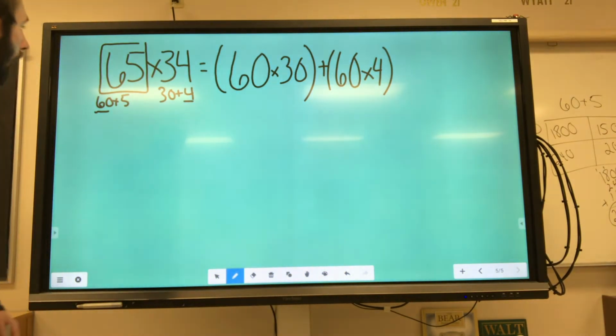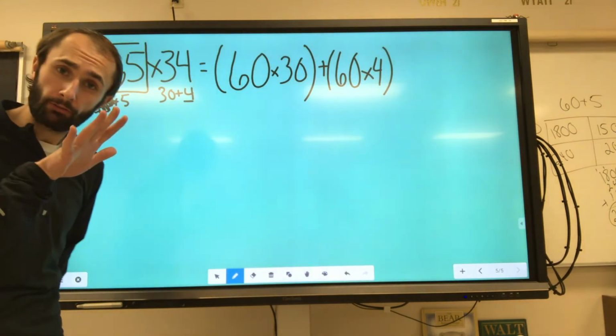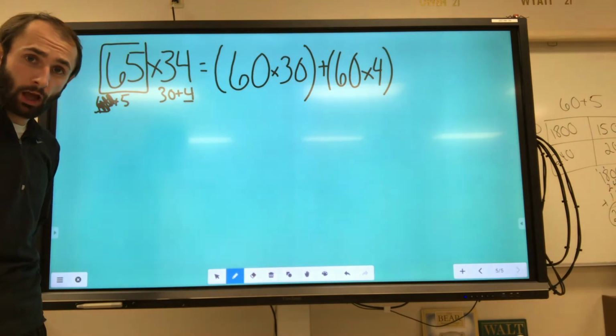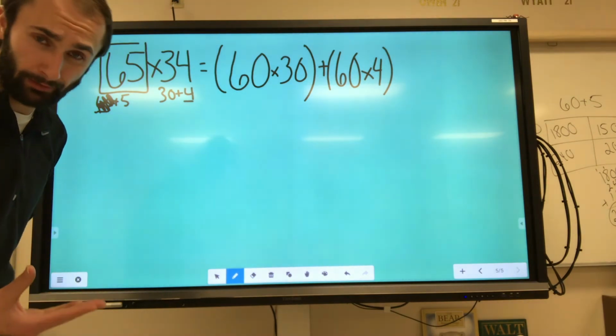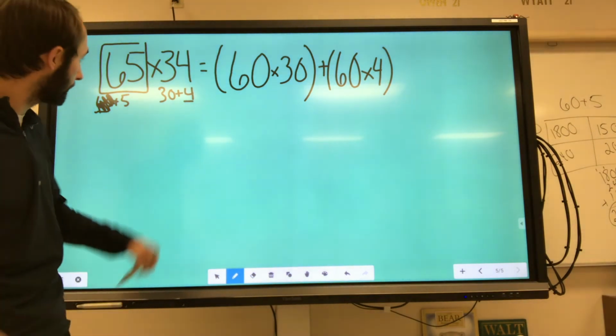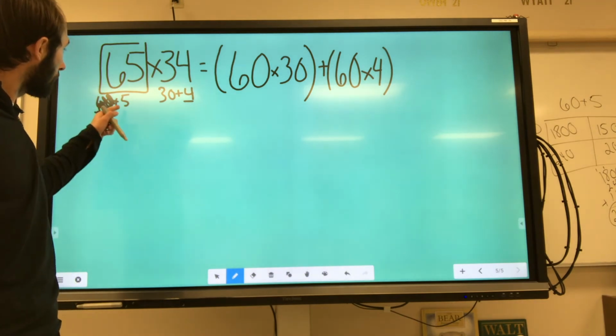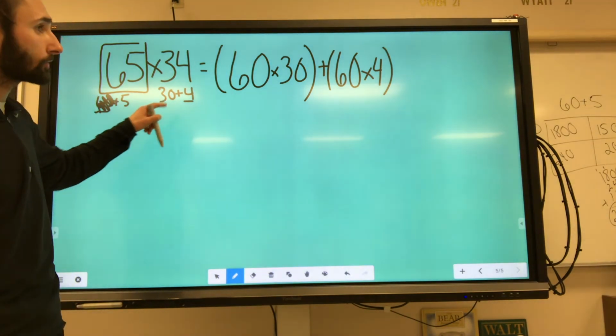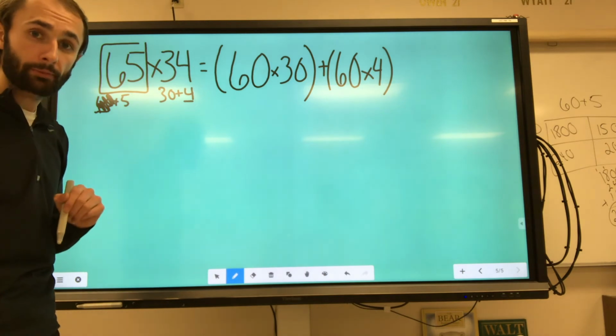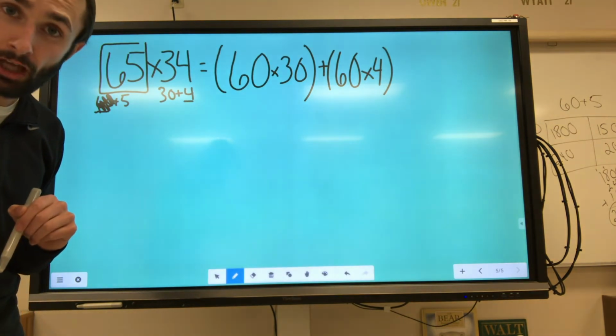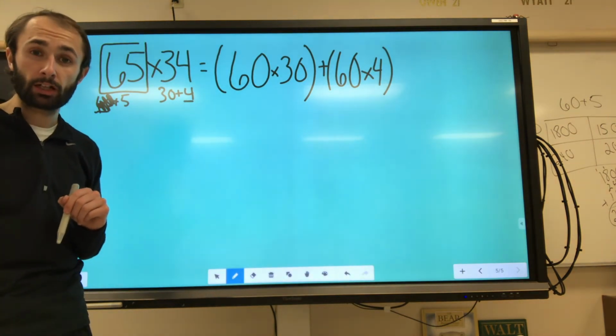Now that's taken care of the 60, but we have the 5 left over. We will do the similar process that we just attained by doing the 60. We will now do 5 times 30 and 5 times 4. Make sure to leave yourself enough room because this gets pretty long.